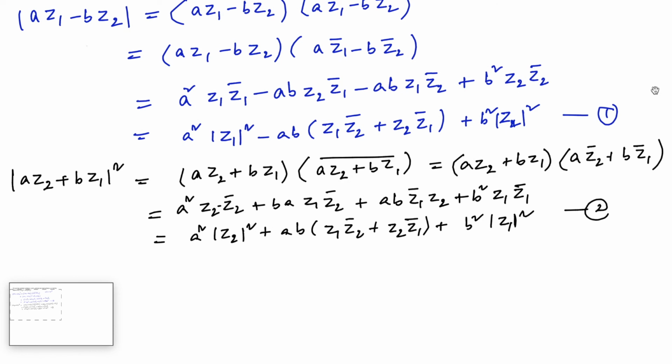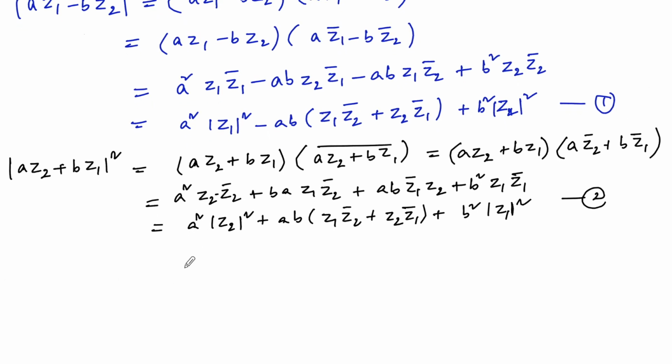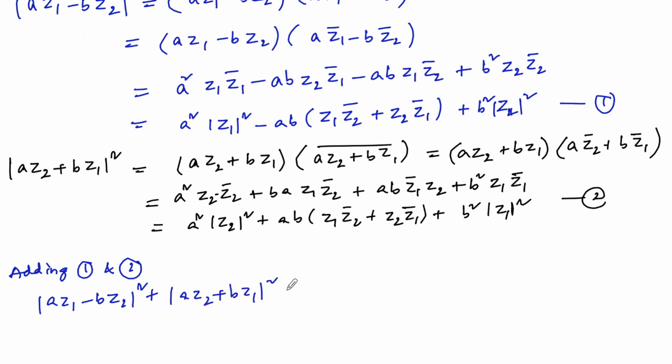So by adding both, 1 and 2, you will get |az1 - bz2|² + |az2 + bz1|² is equal to, the plus ab term and minus ab term get cancelled.